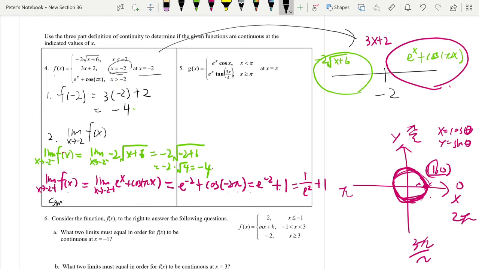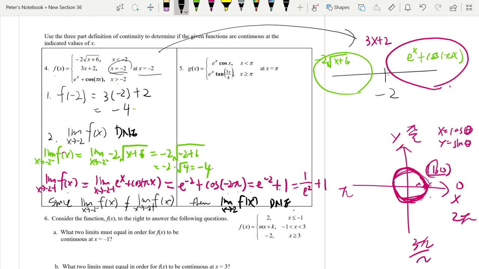Since the limit of f of x as x approaches negative 2 from the left hand side is not equal to the limit of f of x as x approaches negative 2 from the right hand side, therefore we can say the limit of f of x as x approaches negative 2 does not exist. This does not exist.